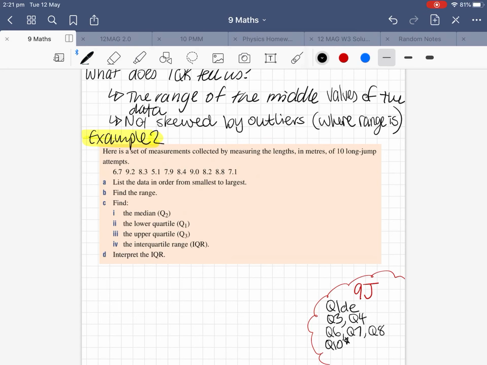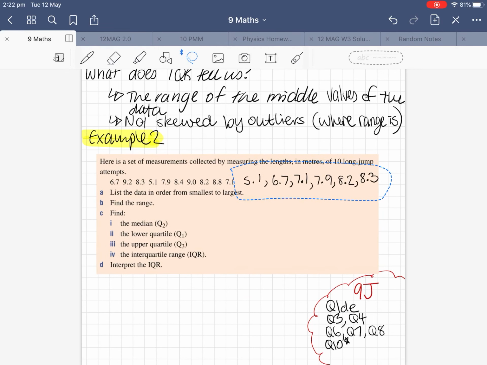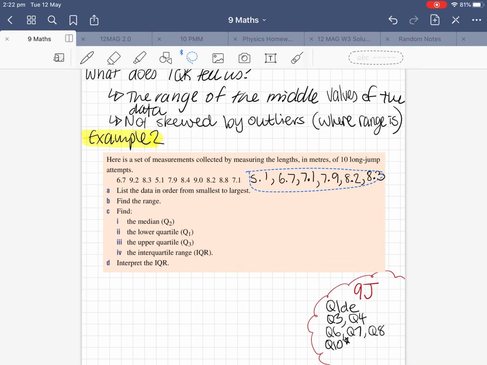The first thing I'm going to do is reorder the data set. So I've done that already, so I'm just going to write it down. We've got 5.1, 6.7, 7.1, 7.9, 8.2, 8.3. I'm running out of space, so I better move this somewhere where I actually have some space.